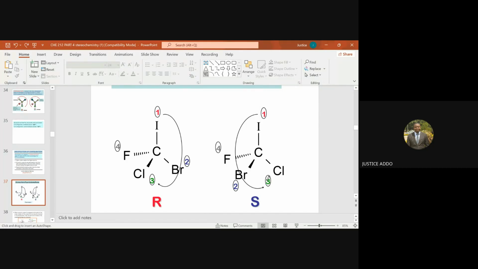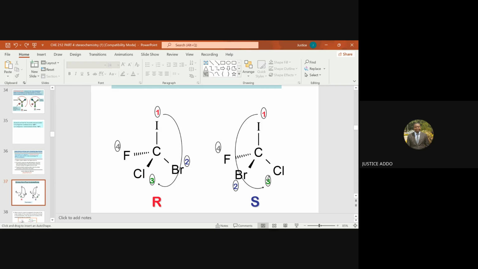I would have shown you the central carbon and put the 4 groups on it. And when I give it to you, from your eye level, you can only see 3 of the 4 groups at a time.